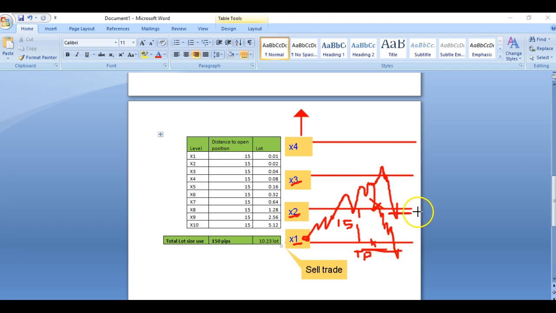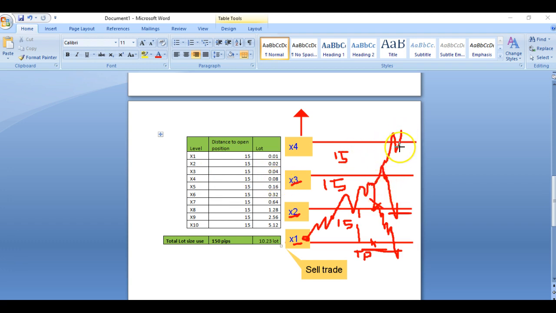So the moment it reaches back down and hits, all these 3 trades will close up. What if it still continues going up and hits another 15 pips, and then another 15 pips, and it triggers your X4, or your times 4 lot size here? You should be familiar with this market.